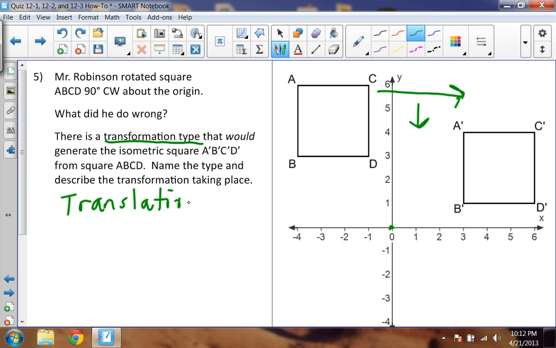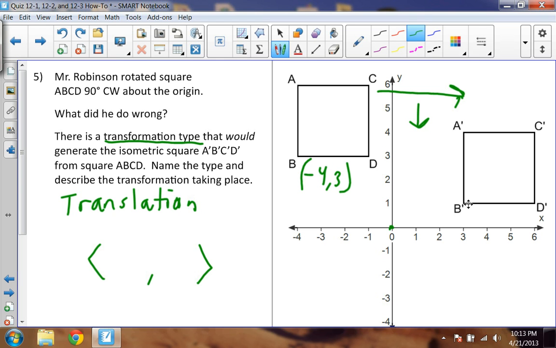So somehow either write in a sentence how far they shift over and how far they shift down, or do it in translation form, like maybe the alligator mouths like this. So I'd say, pick a point here. I'll pick B. B is at -4, 3.